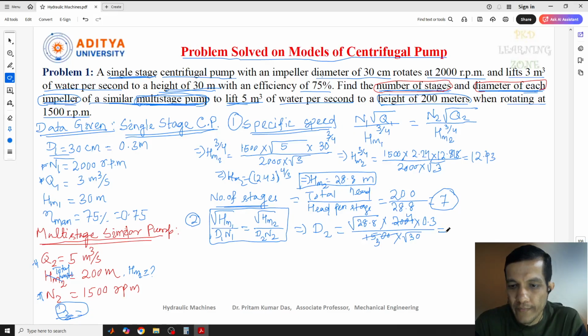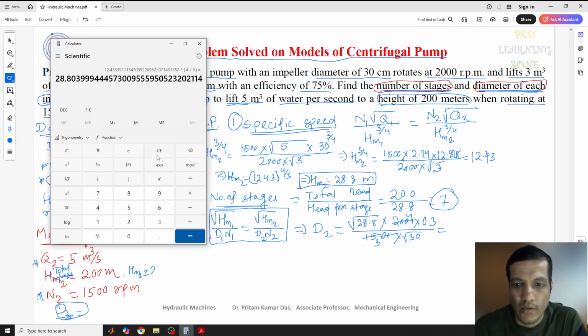So finally we can write, so let's solve it. Root over of 28.8, multiply this by 4, again multiply by 0.3. Now divide, bracket start, 3 into 30 root over, bracket close, 0.3919.